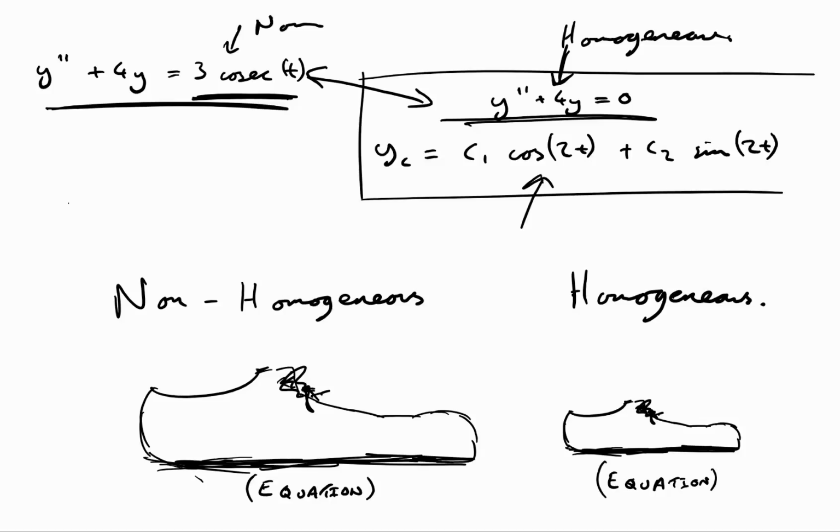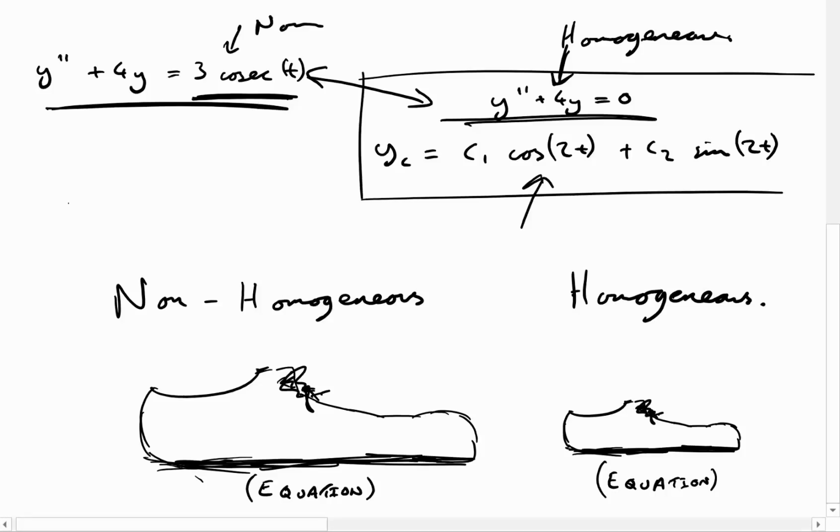Fairly obviously, the non-homogeneous solution will be bigger than the homogeneous solution, because it's a bigger equation, so it's a bigger shoe that it has to fit. So you're just trying to find the right foot to fit the equation.